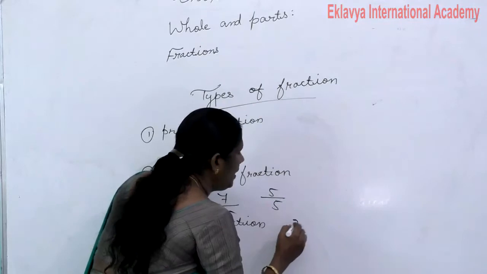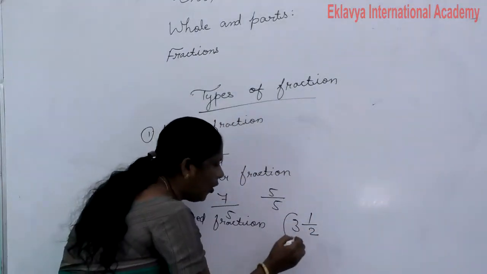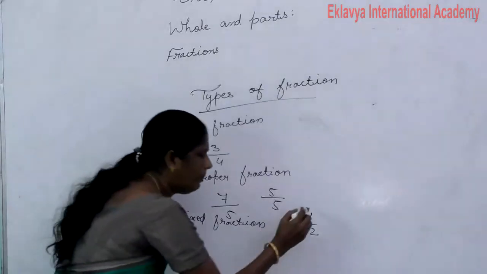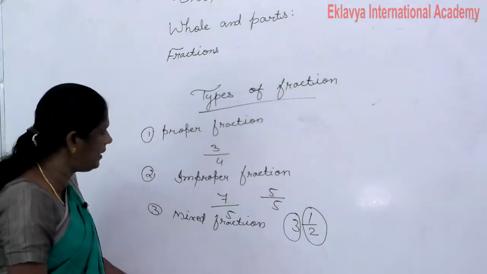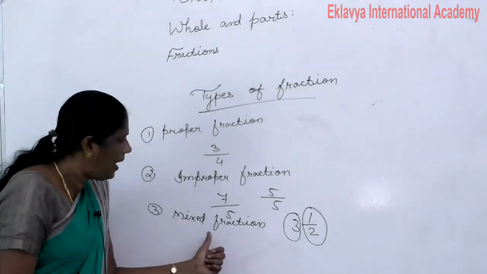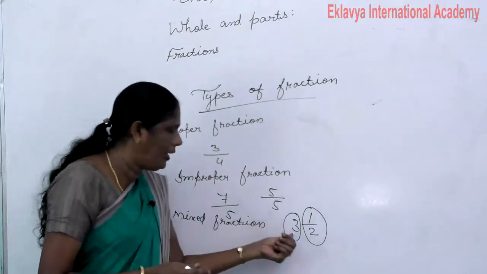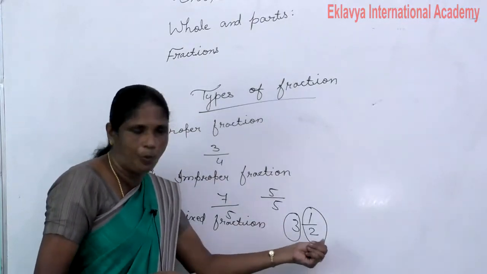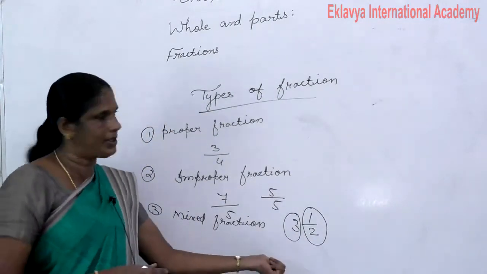Here, 3 1 by 2. Here 3 is the whole number, 1 by 2 is the proper fraction. Understand what is a mixed fraction?